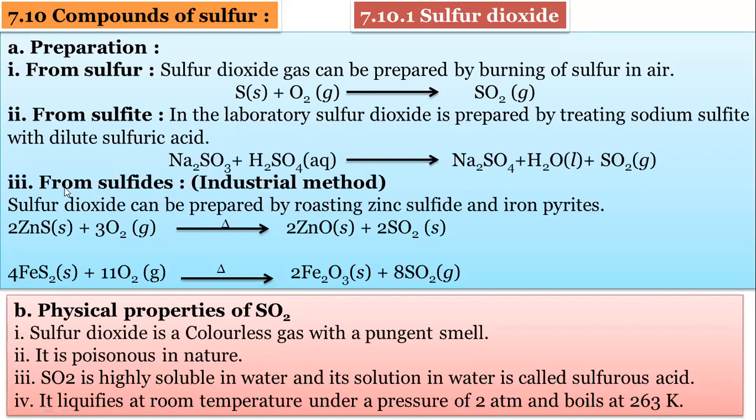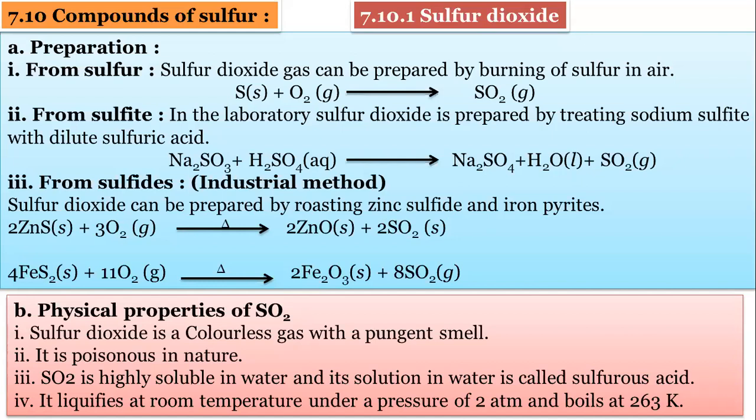Then from sulfides, it is the industrial method. When we have to prepare a large amount of sulfur dioxide, we prepare it from sulfides. The reaction is given with zinc sulfide. Sulfur dioxide can be prepared by roasting zinc sulfide and iron pyrites. Roasting and calcination are two different processes used in metallurgy.